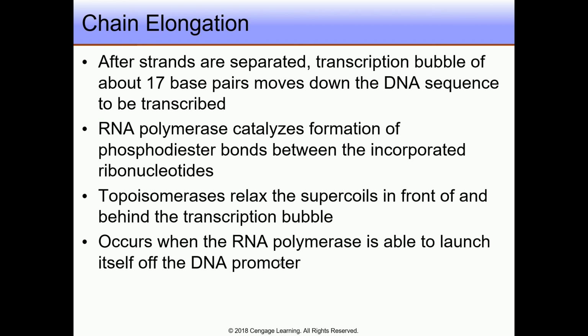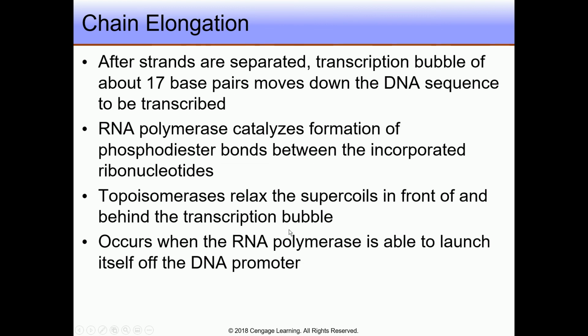Only a specific part, something like around 17 base pairs, opens up. So the DNA is double stranded, only this much part of the DNA opens up, and RNA polymerase moves on the DNA and keeps making the RNA transcript on the basis of the template strand. This is what I just said.